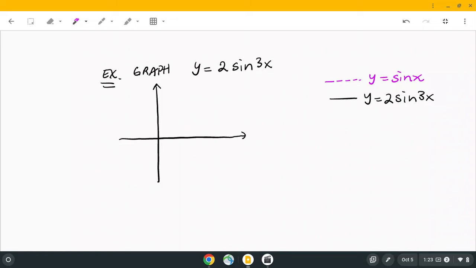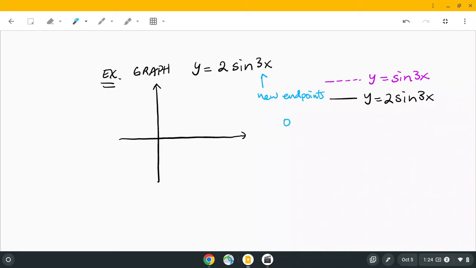Then y equals sine 3x. Remember, it's going to be the same graph as y equals sine x. The only thing that changes are the endpoints. So this gives me new endpoints. I'm going to use blue.